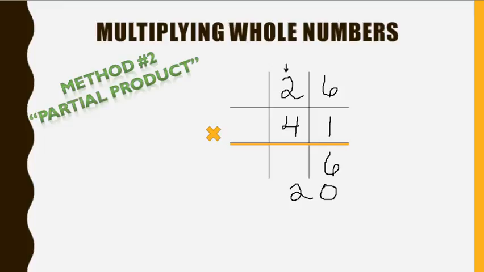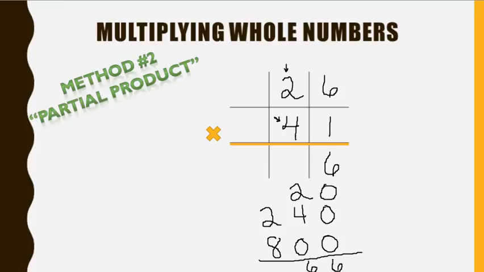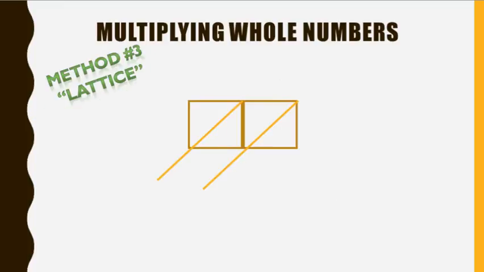Then 4 would be 40, because this right here is 4 10s, so 40 times 6 would be 240. And 40 times 20 would be 800. And I'm out of space here, but then you would just add those up. So it's really up to you if you like that method or if you like the traditional methods.